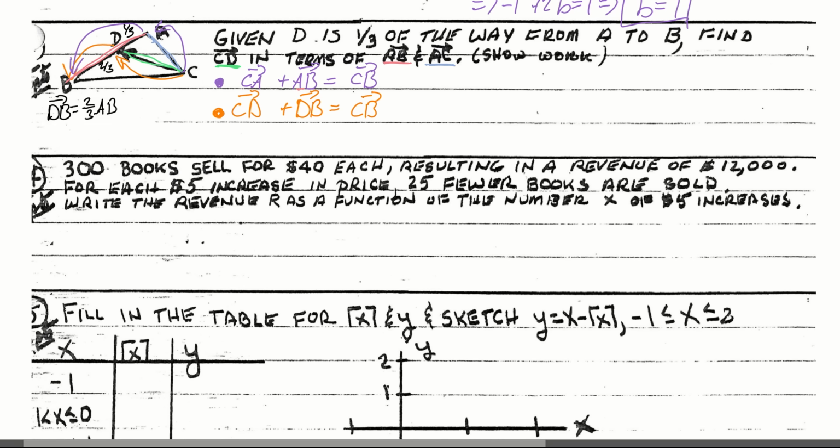And then we have CB again. So what we can do is use another system of equations to cancel out some stuff. I'm going to subtract the two equations.